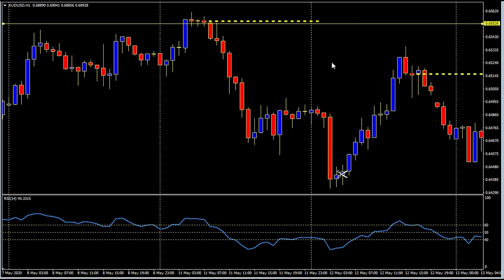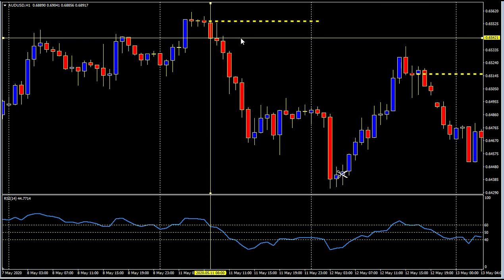Okay, let's go to the next one. The next one, we see the RSI going below the 60 level here. So we put a line here. Okay, and look up here. There is the resistance level there. So we are going to go short at the open of the next candle.